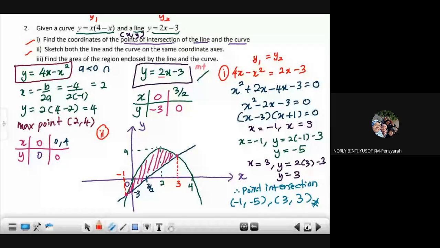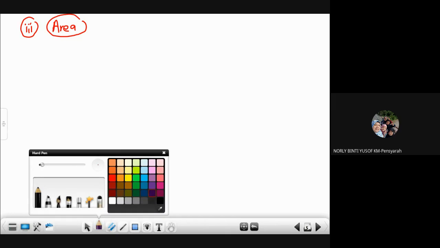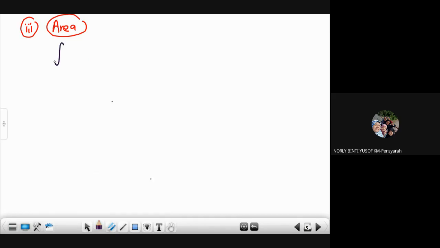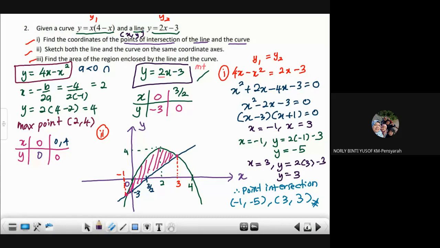Okay, then look at: find the area of the region enclosed by the line and the curve. So we already know that above is the curve and below is the line. So curve minus line. So we calculate number 3. That means area. Okay, your area, looking at the graph earlier, is from -1 to 3. From -1, the point you found in the first part, the X of the point of intersection, -1 is the lower limit and 3 is the upper limit.